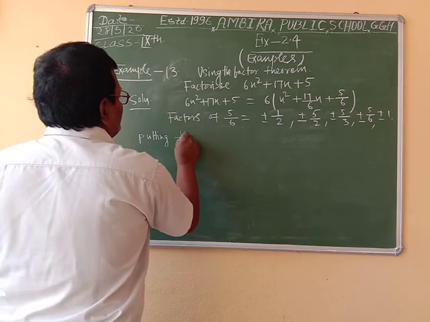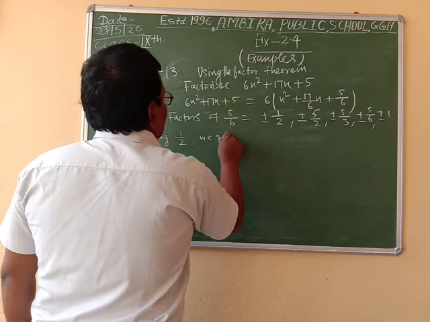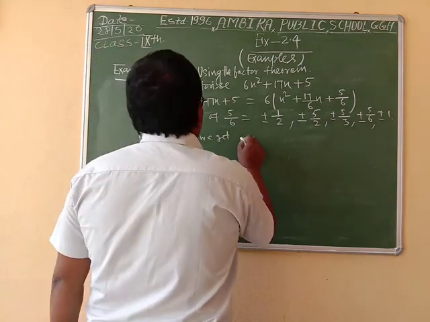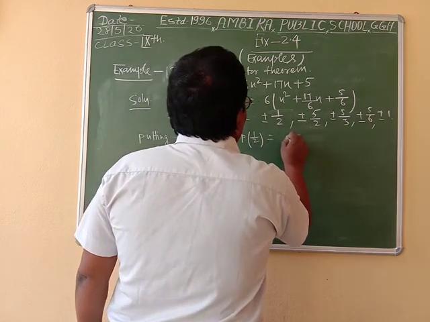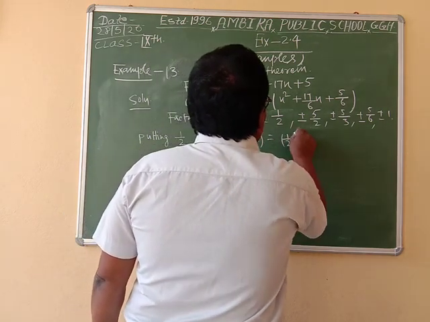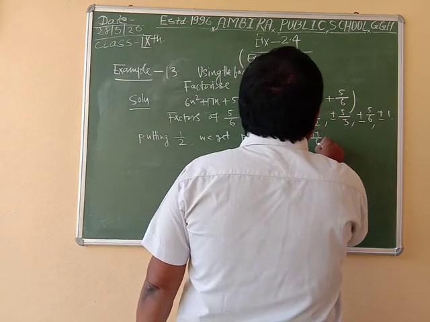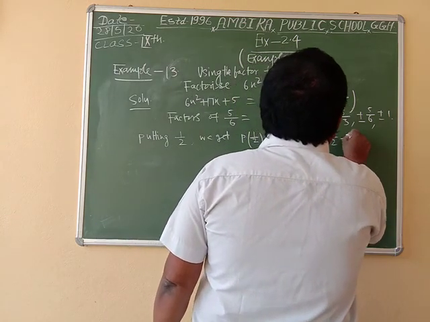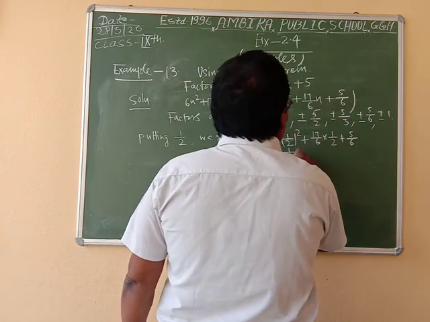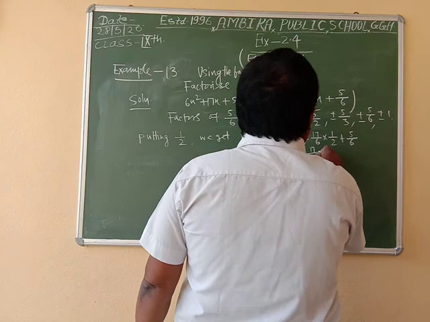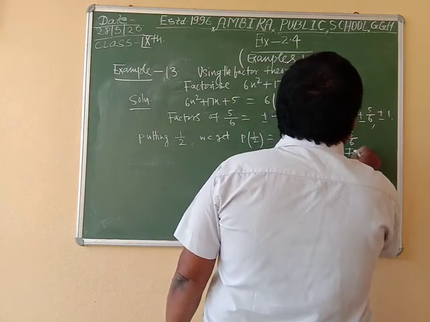Putting 1 by 2, we get P of 1 by 2 is equal to 1 by 2 square plus 17 by 6 into 1 by 2 plus 5 by 6, which is 1 by 4 plus 17 by 12 plus 5 by 6, which is not equal to 0.